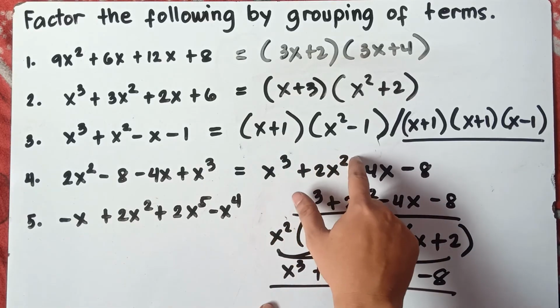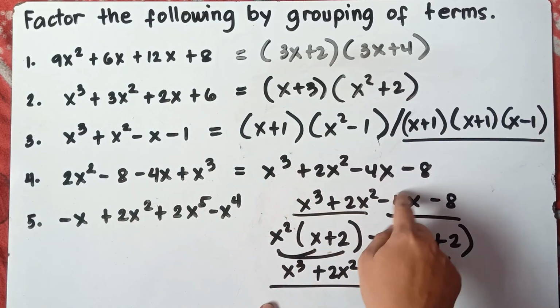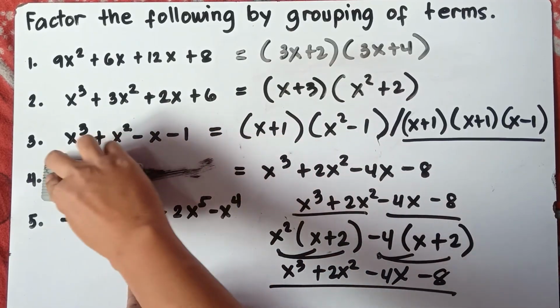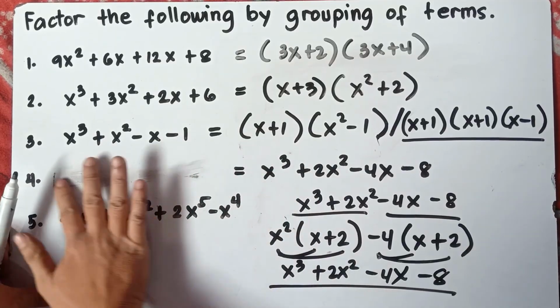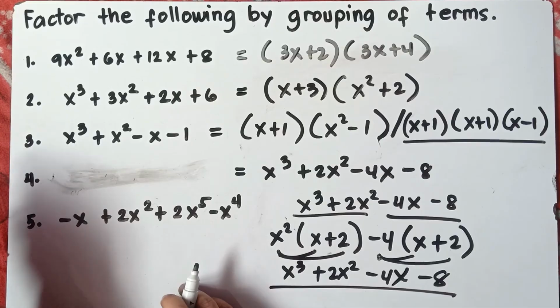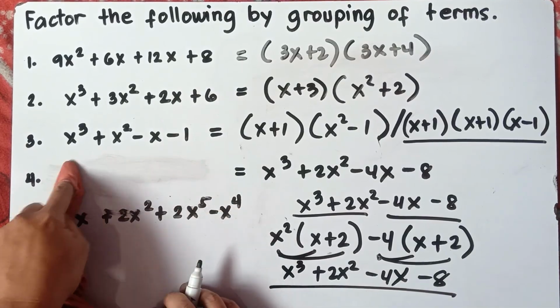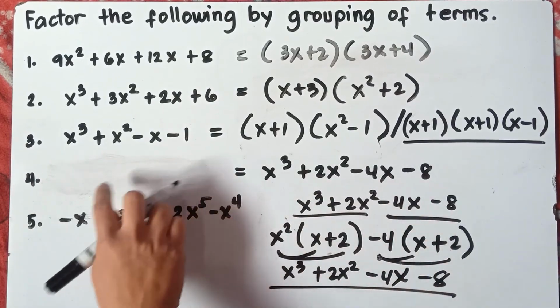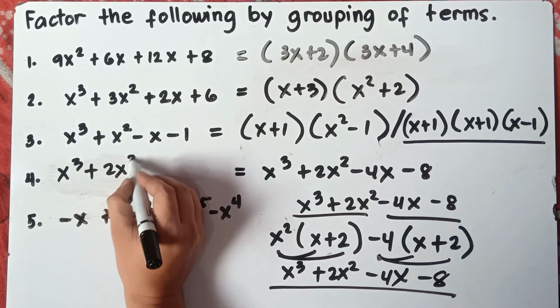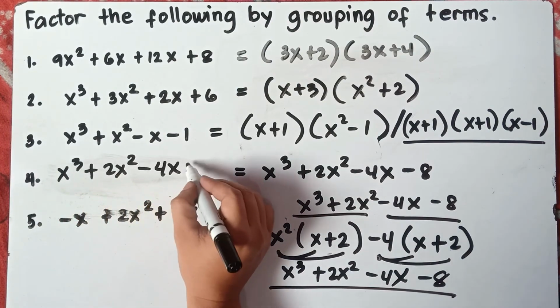So we have 3, 2, and then 1 for the exponent, class. Remember this one, and we just need to copy it. I'm so sorry, we don't have enough space, so let me just write the arrangement here. So we have x cubed plus 2x squared minus 4x minus 8.